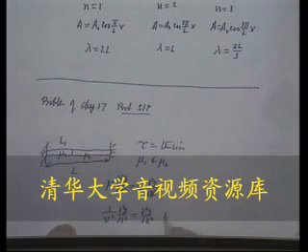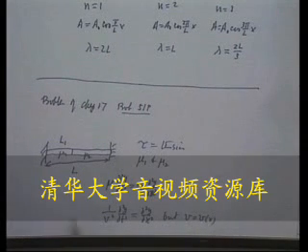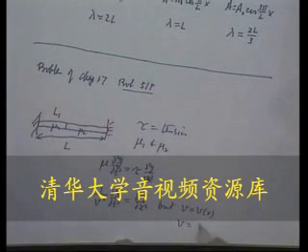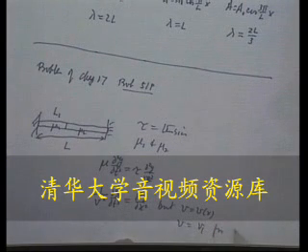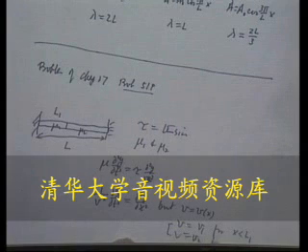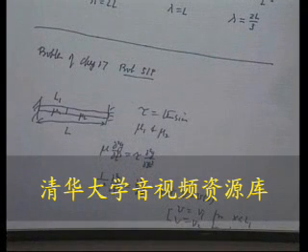But v is now not a constant. v is a function of x. In this segment v is one value, in that segment v is another value. v equals v1 for x less than L1, v equals v2 for x greater than L1. So the equation is the same, only the v is dependent on x.